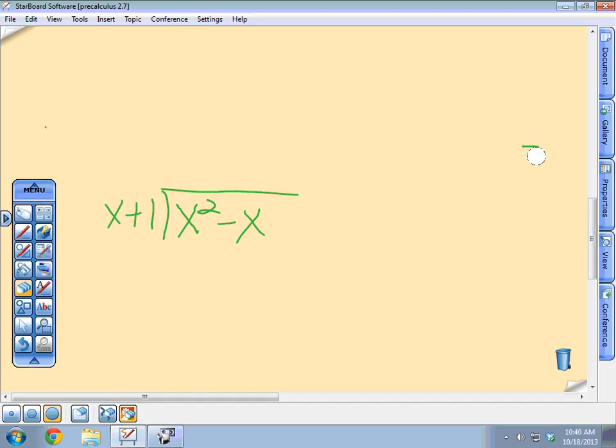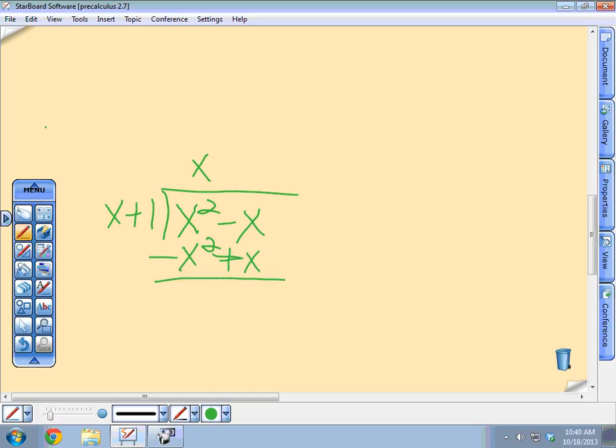I'll get x, which will give me x squared plus x. So I'd have to subtract that and then subtract this, right? Yeah. That gives 2x. Then what? It's just regular long division, the same as what we had before.